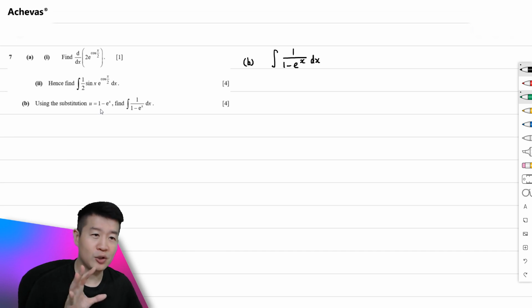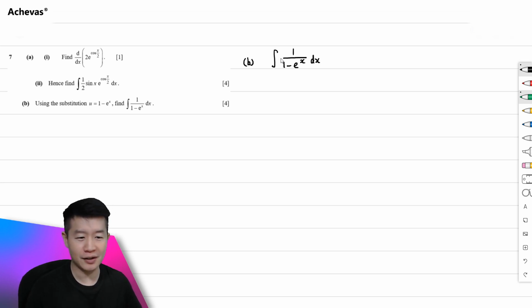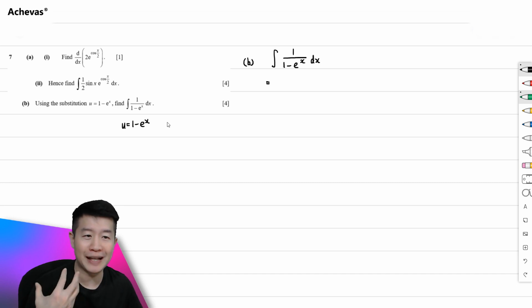And let's do a substitution by literally doing an algebraic substitution instead of doing it as a formula or some kind of rules. I think it is easier to just substitute. What I'm trying to say is, for example, I know u is given to me as 1 minus e to the power of x. So I will just do whatever I need in order to algebraically replace all the x by u.